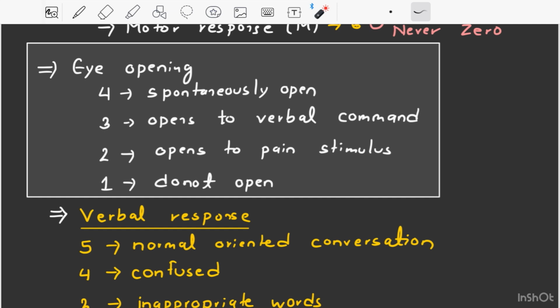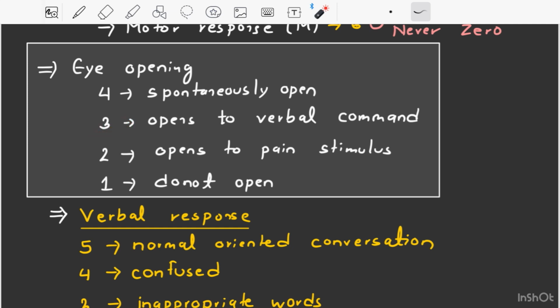If a patient spontaneously opens the eyes, the score is 4. If he is not opening the eyes spontaneously, but he is responding to your verbal commands, like you shout out his name, you call him by his name, and he responds, then the score is 3.